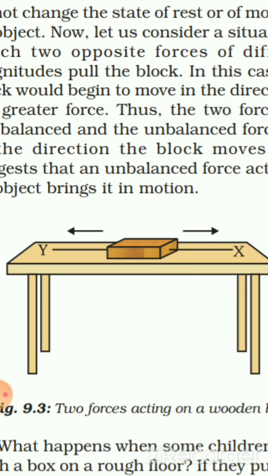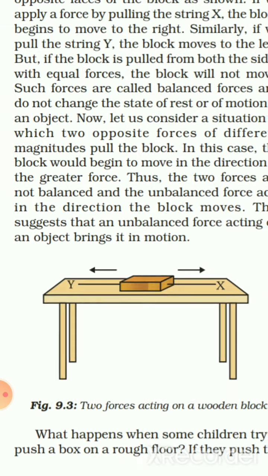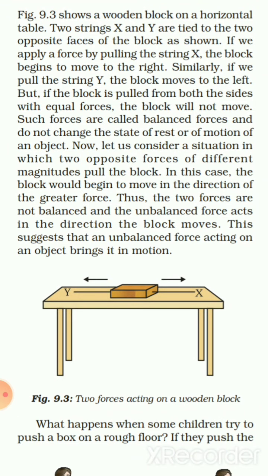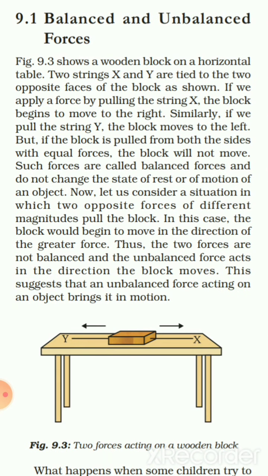Now there are two strings tied on the wooden block, a string X in the east direction and a string Y in the west direction. You can understand it by direction also, or left or right also. Okay, now what happens when we pull the string X? The wooden block is at rest.